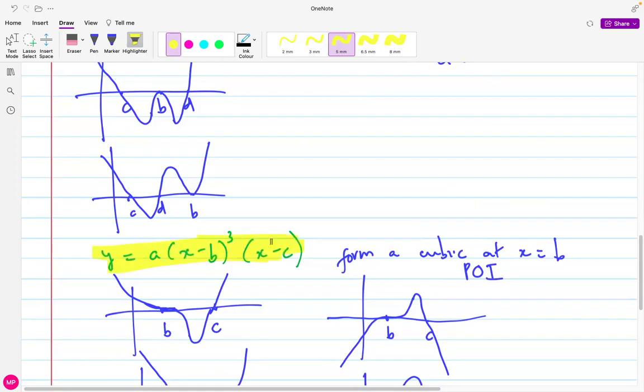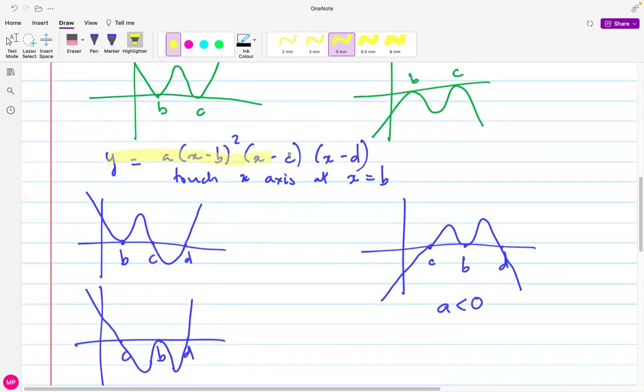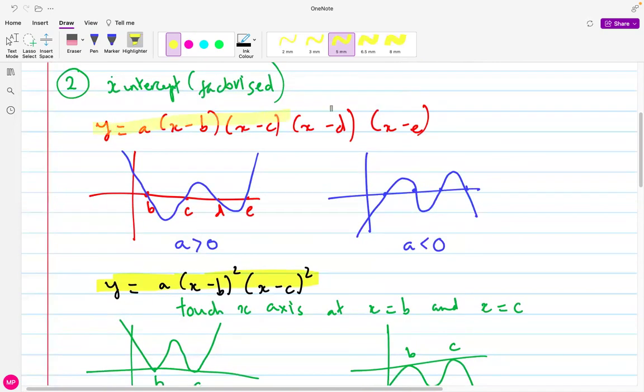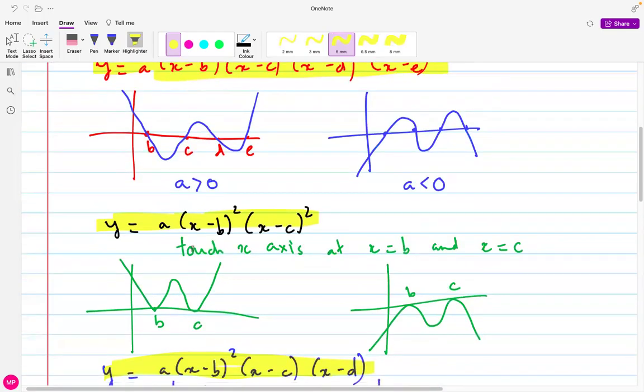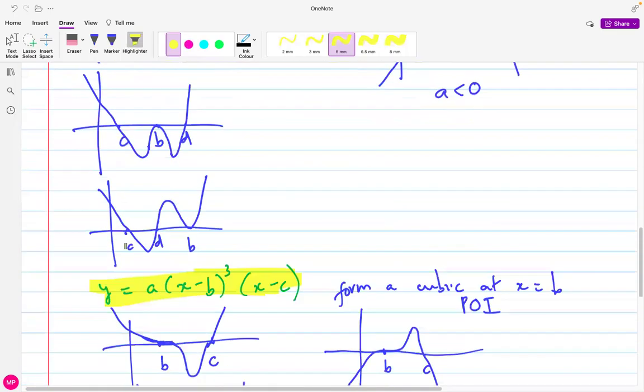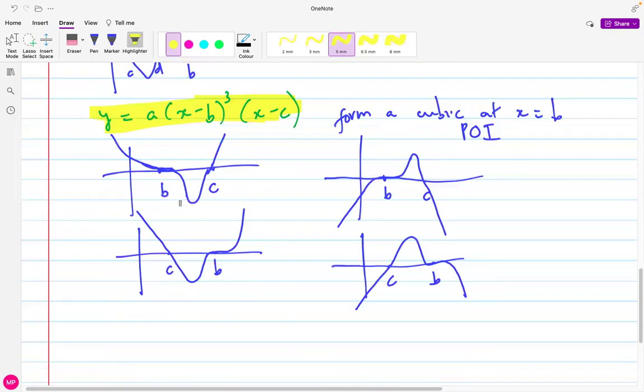So you have this form, you have this form, you have this, and you have this. If you put them together, if there's no square, then you just cut through all of them. If there's a square for both, then you touch the x-axis and form a parabola for both. If you only have one square, then you form a parabola at that point. And finally, if you have a cube, then you form a cubic.